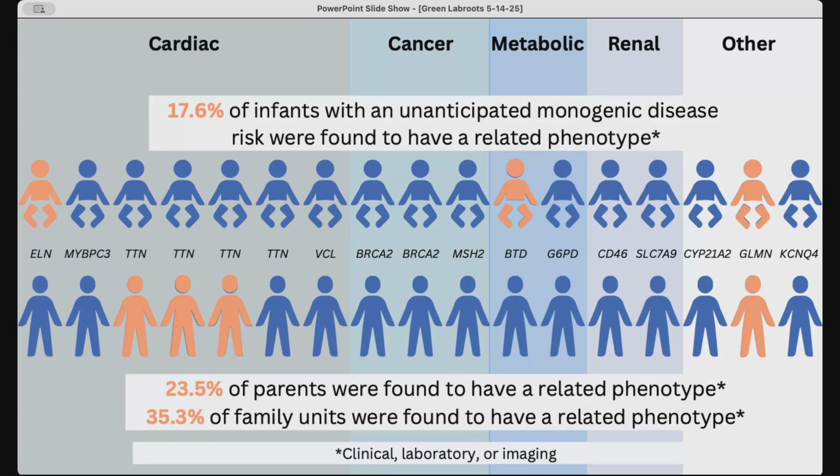We looked at 1,000 genes here. When you screen for 1,000 genes in babies, and you find unanticipated mutations, there's about a 35% chance that at the time you find it, somebody in that family is manifesting that feature phenotype.